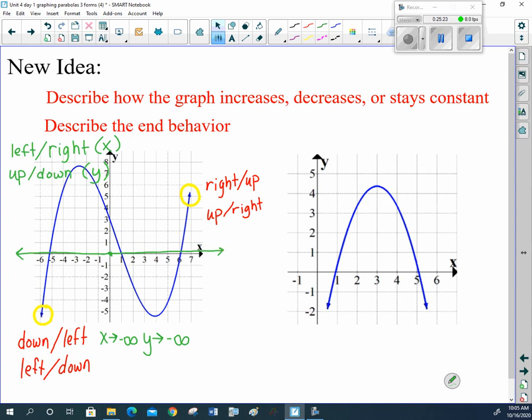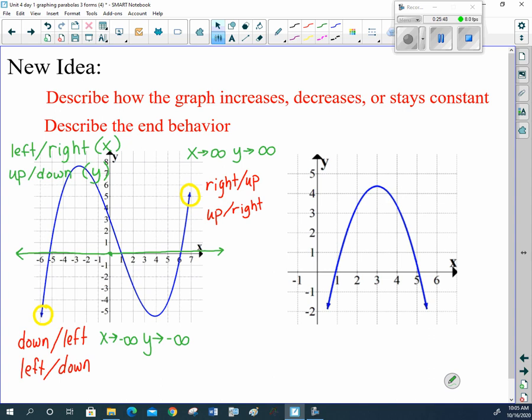Because I need to know what letter, remember, x is going to go with right and left, and y is going with up and down. So as x moves to the right, that's positive infinity. What's the y doing? Well, in this particular graph, the y is pointing up. So it's also going to positive infinity.